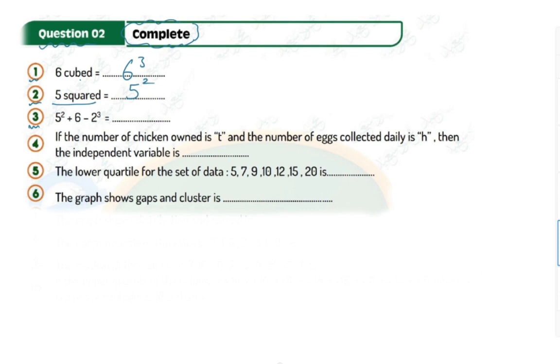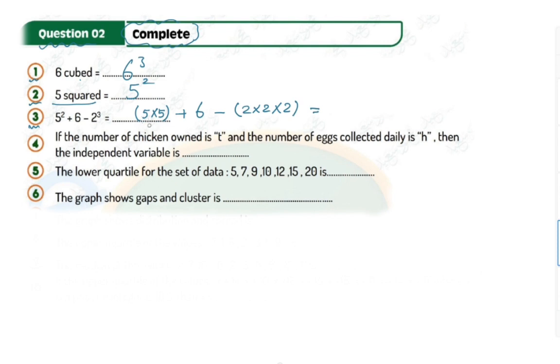Now we need to find the value of this expression. Now I will solve it. I have addition, subtraction, and exponent. Of course I will start with the exponent. 5 squared means 5 times 5, plus 6, that's just 6, minus 2 cubed, 2 times 2 times 2.